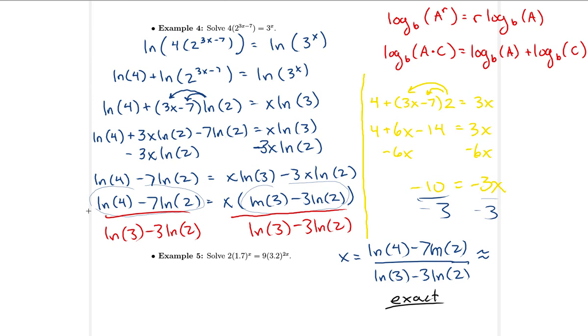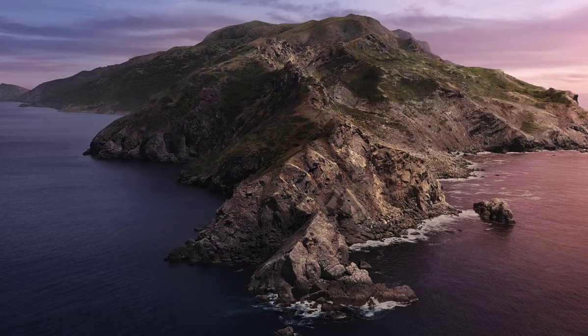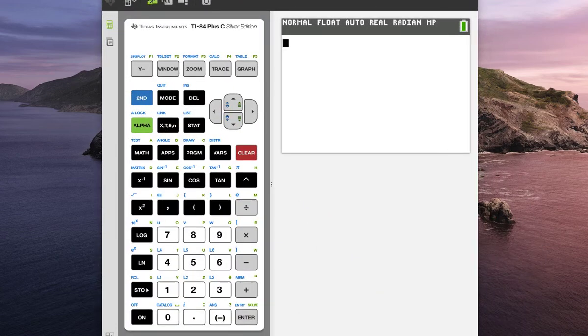So let's type that in our calculator. Now, I want to just take a moment to make sure that we discuss this carefully, because you do have to be careful when you type this kind of stuff in. So everything on top of the fraction has to be in parentheses, and everything on bottom of the fraction has to be in parentheses in order for the order of operations to be interpreted correctly on your calculator. So that becomes difficult when every time you type in a natural log, it's got its own little set of parentheses.